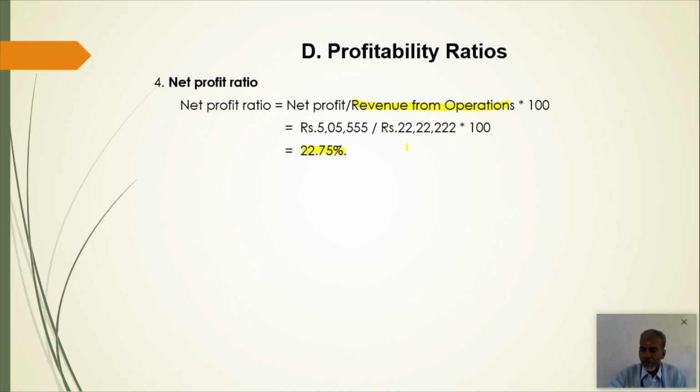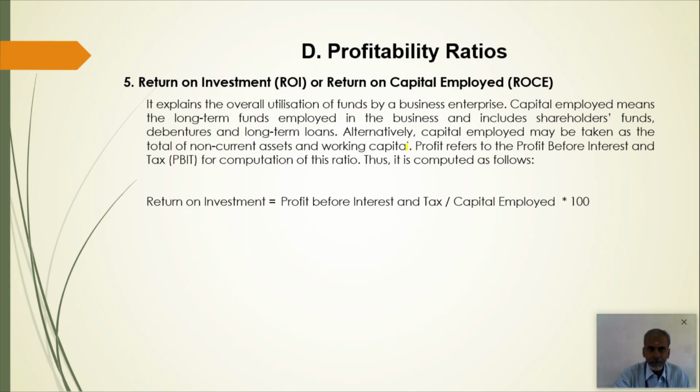This shows the business is good. 22% of net profit is good. After net profit, you subtract interest if you have any, then you subtract tax, and after paying interest and tax, you declare dividend. So a net profit of 22.75% is good.